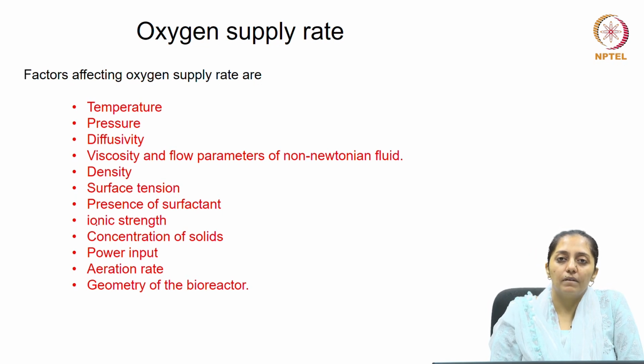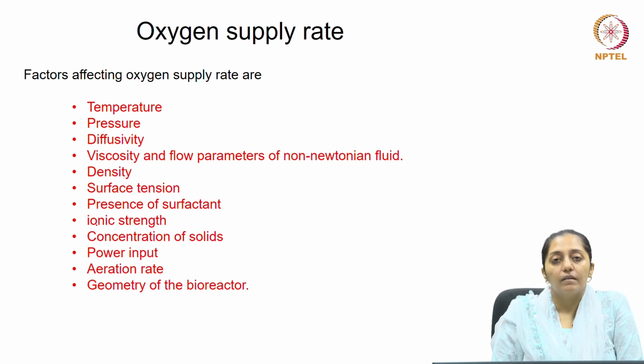For example, certain fluids, like fungal fermentations or plant cell fermentations, may behave as non-Newtonian fluids at high cell densities. Then the density, surface tension, presence of surfactants, ionic strength of the medium, concentration of solids, power input, aeration rate and the geometry of the bioreactors.